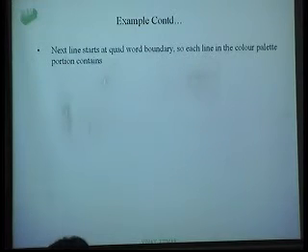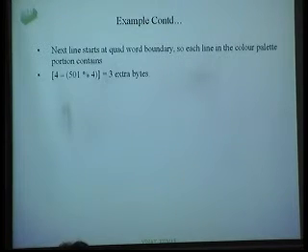The next line starts at the quad word boundary, correct? So each line in the color palette position contains, just see, 501 bytes. Once you divide 501 by 4, the remainder is going to be 1, am I right? 500 gives 125 groups of 4 bytes, and next there is 1 byte.